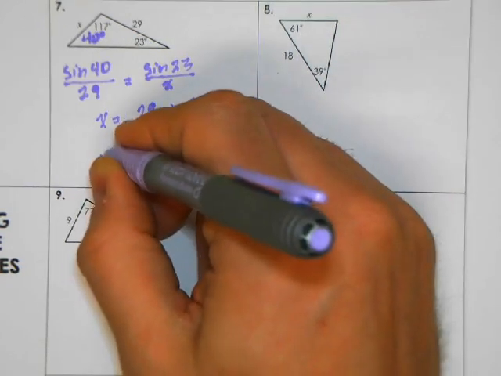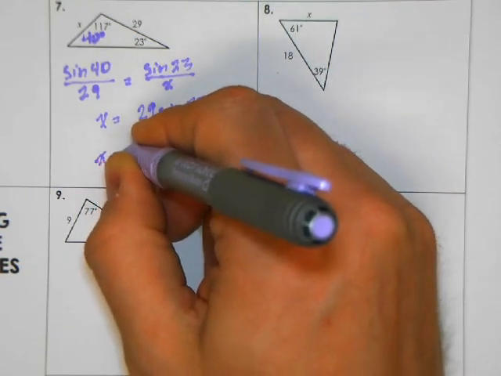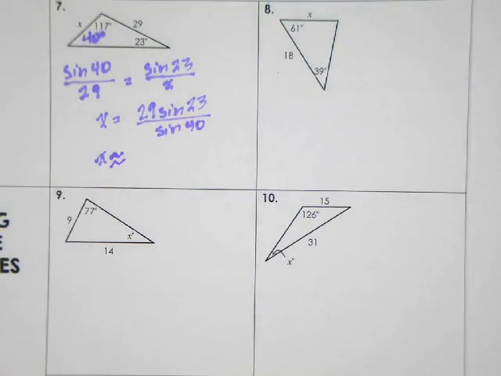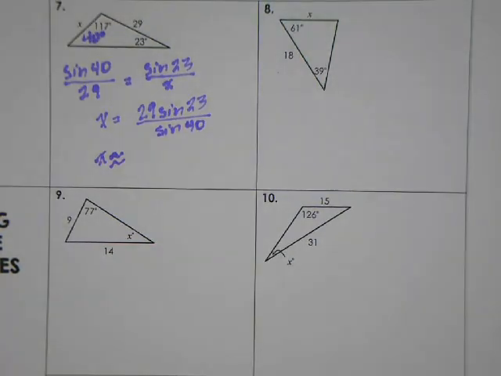And going to my calculator here for the answer, we're going to get an approximate value. So let's see, 29 sine 23 over sine of 40. For number 7, I am getting about 17.628.